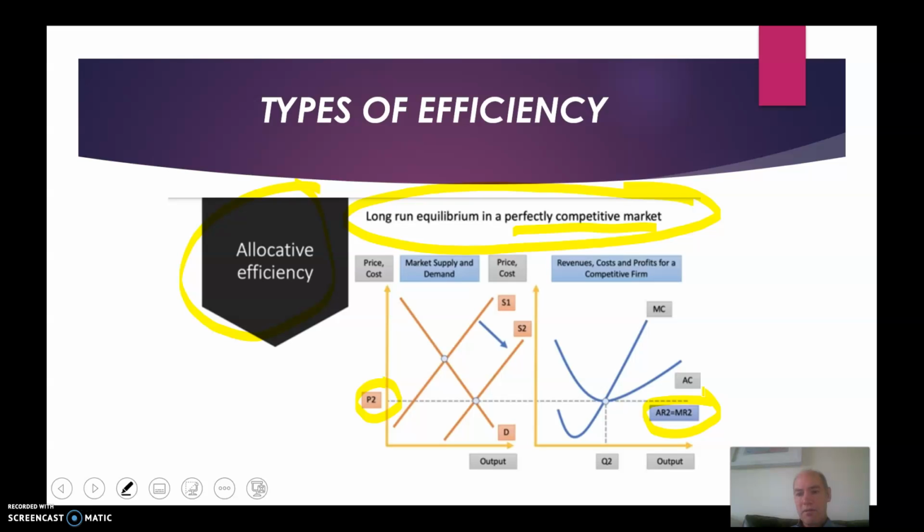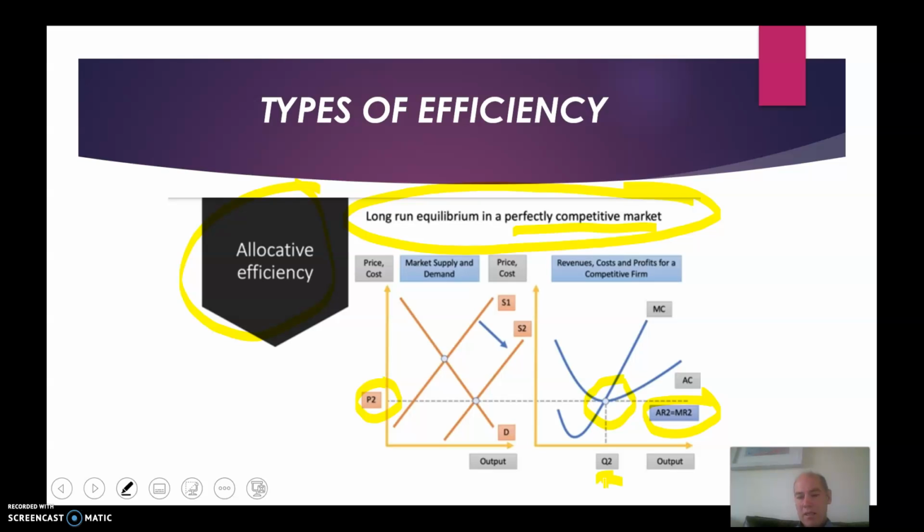So demand is equal to marginal revenue is equal to average revenue is equal to price. Okay, don't worry about anything other than you know that's a marginal revenue curve. Now, in terms of this, you guys know now, following our last topic, that firms will produce where marginal cost is equal to marginal revenue because that maximizes their profits. So they will produce at a level Q2.